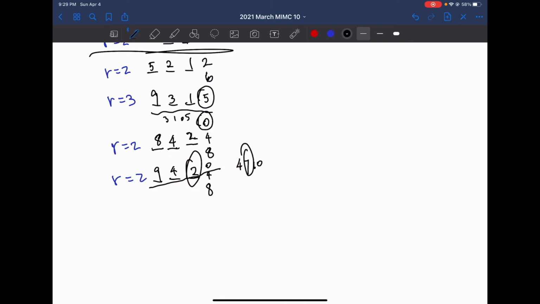And 9424 would just be adding 2 to that, so 47, 12, 47, 14. Those are nowhere near our solution.